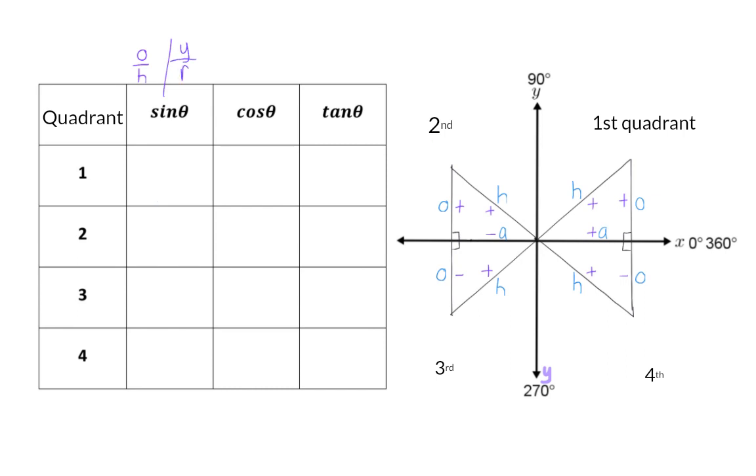The cos ratio is defined as adjacent over hypotenuse, or then x over the radius, and tan is defined as the opposite over adjacent, or then the y over the x value. If we now focus on the first quadrant, you can see that all the side lengths are positive. This means that all the ratios will be positive in the first quadrant.